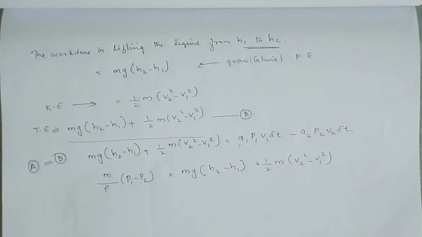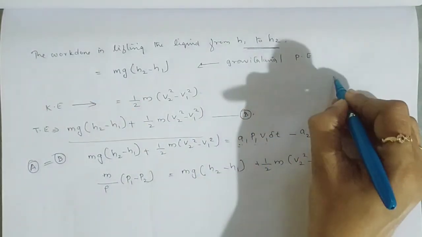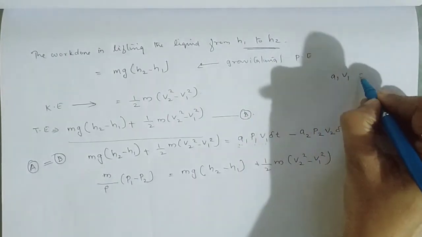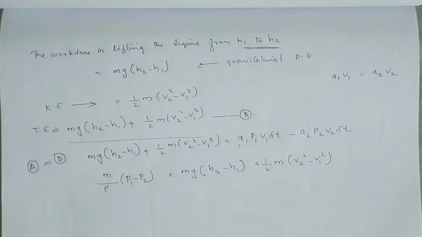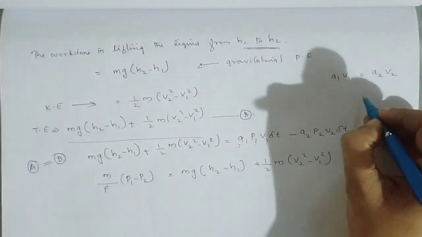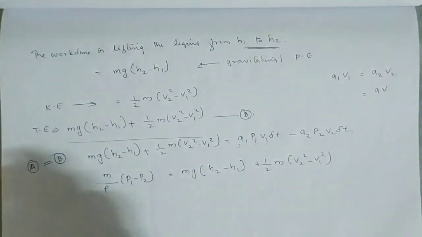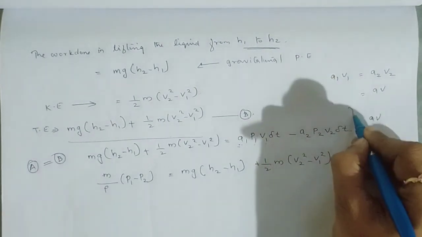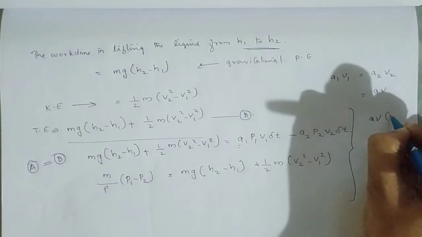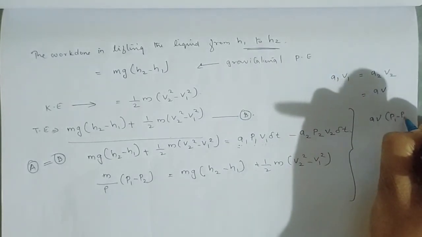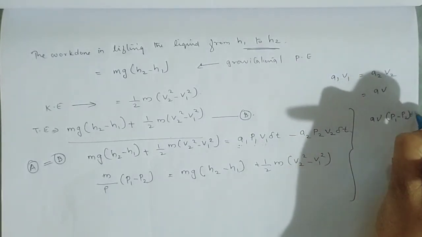So a1 v1, that is equal to a2 v2. നമ്മൾക്ക് അതിനെ ഒന്ന് എ വി ആയിട്ടൊന്ന് റീപ്ലേസ് ചെയ്യാം. AV (P1 minus P2) delta T.